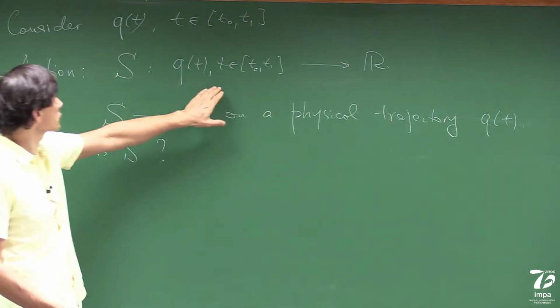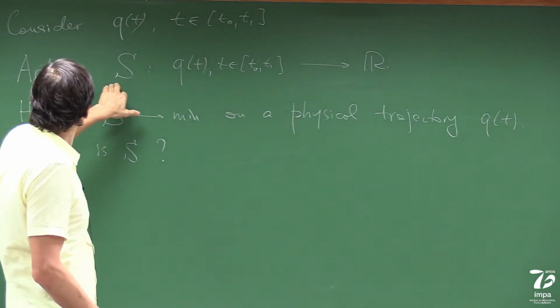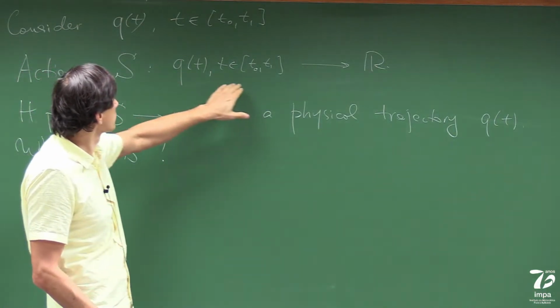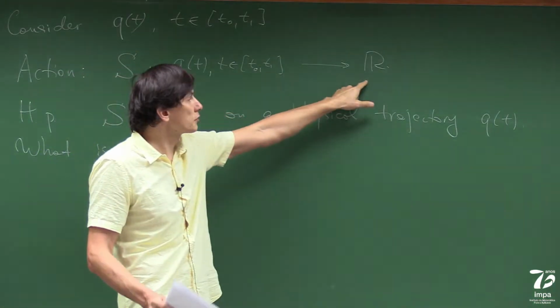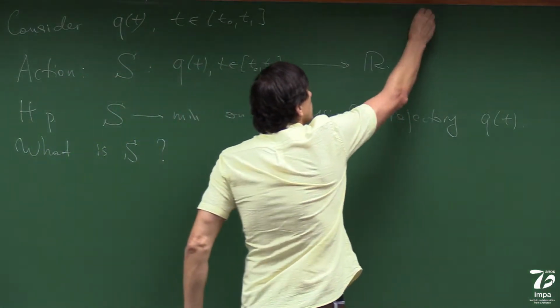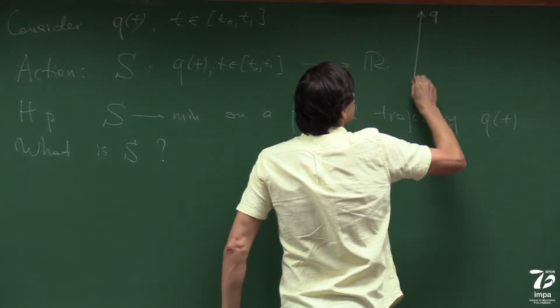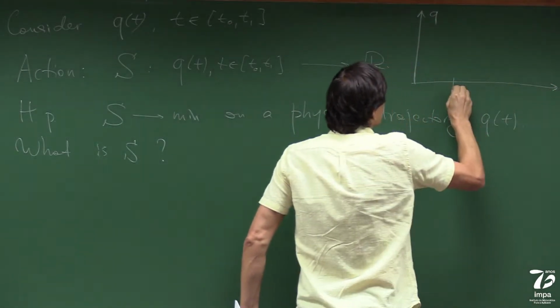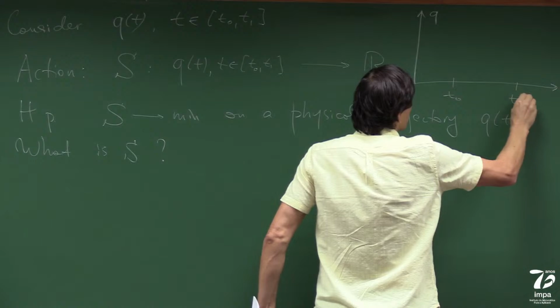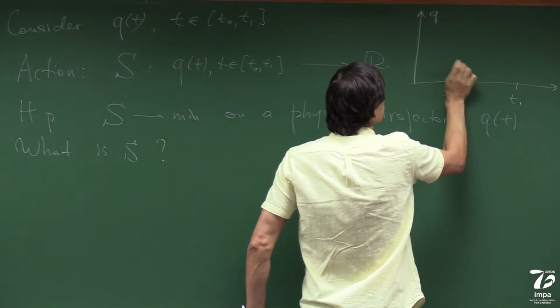Whenever we use this action and it gives a number to a piece of the trajectory, we have a trajectory vector q as a function of time, and an interval of time where we consider it.